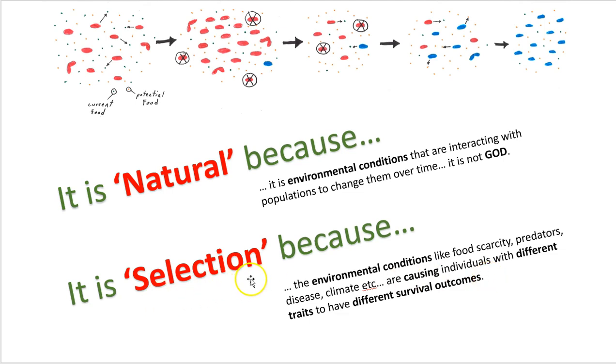Now, the word selection sometimes invokes this metaphor of a conscious being selecting, but there's nothing consciously going on here. This is just a cause and effect process. It's a lack of food. In the case up here, it's a lack of food that is selecting, that is favoring individuals that can eat another food molecule.